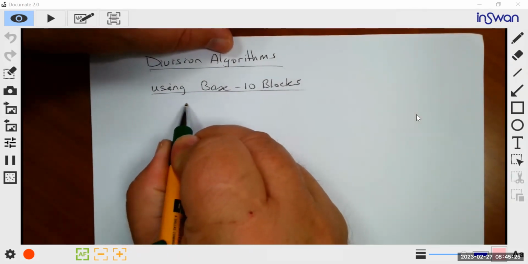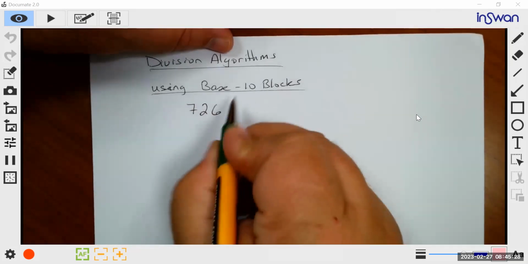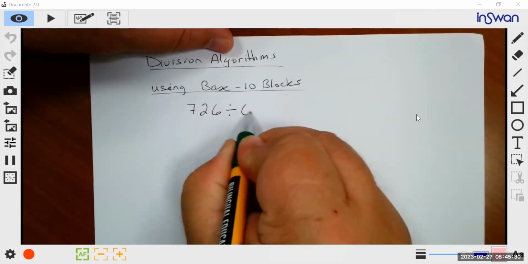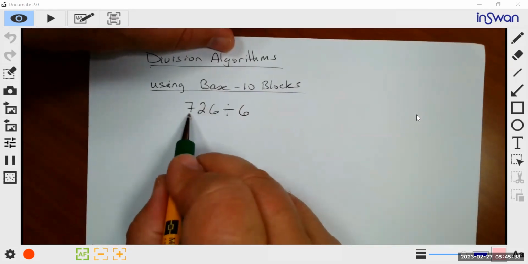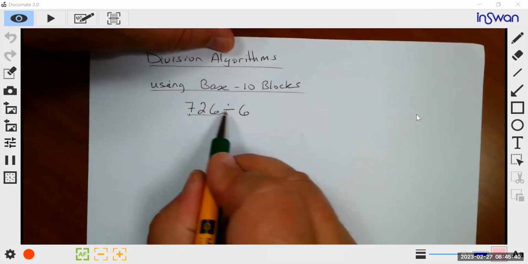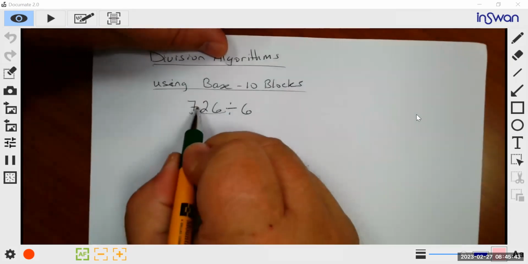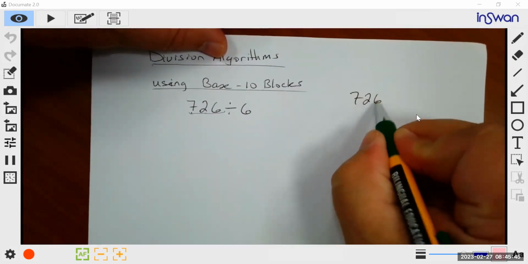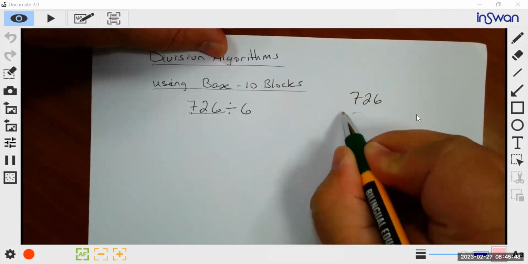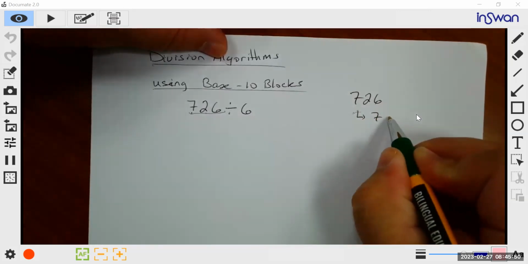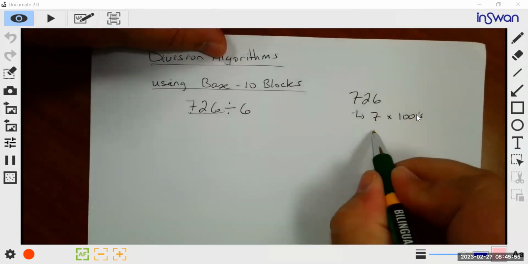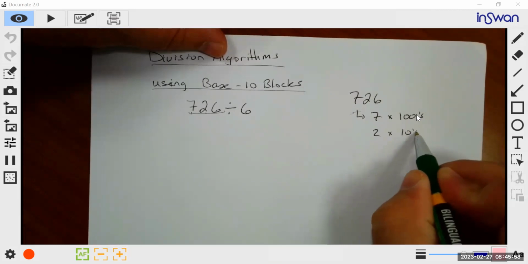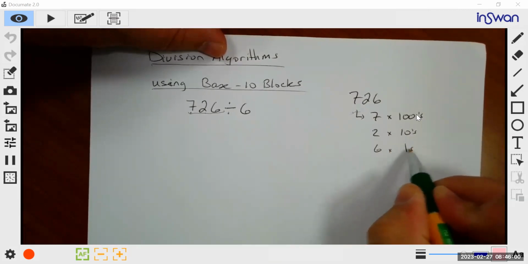So, for example, 726 divided by 6. We first have to create this number using blocks. So 726 breaks down into 7 100s, 2 10s, and 6 1s.